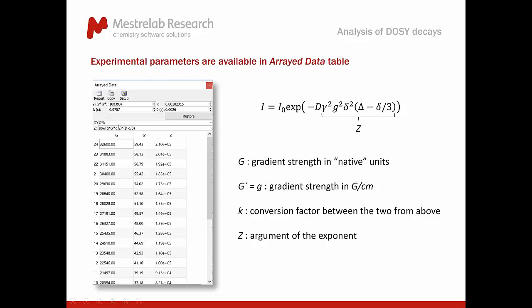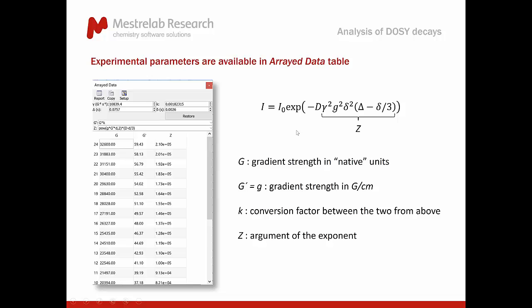That's exactly what's happening here. You're saying that your G prime is G multiplied by K, and K is the conversion factor used to convert the native units to Gauss per centimeter, which is used in MestReNova. And then the last column is basically this factor over here, which is an exponential factor in here.